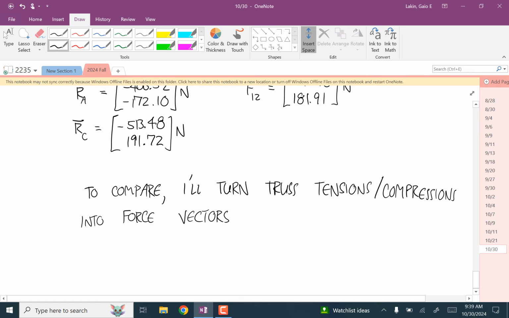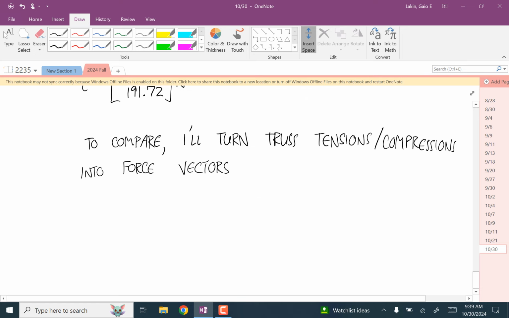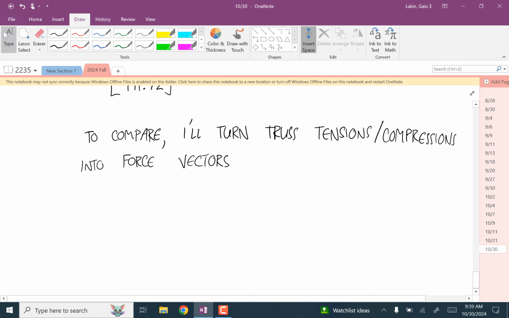And in order to do that, I have to think about what's happening at those two joints with the ground also. So a free body diagram at RA. What's happening there?